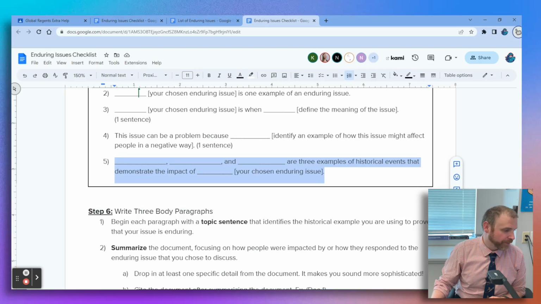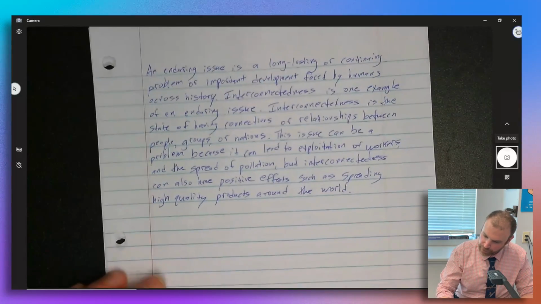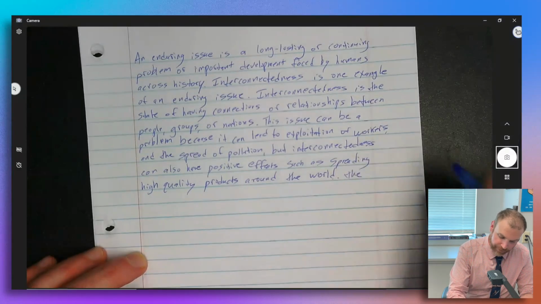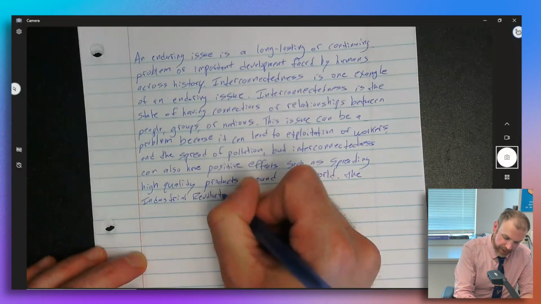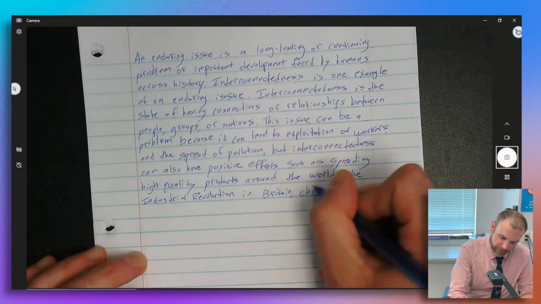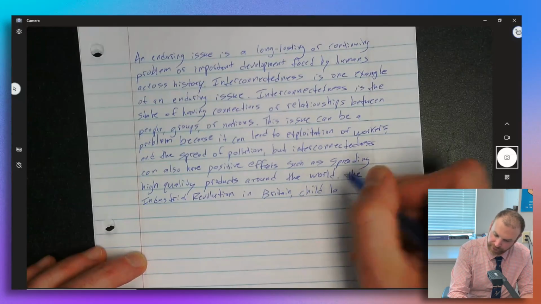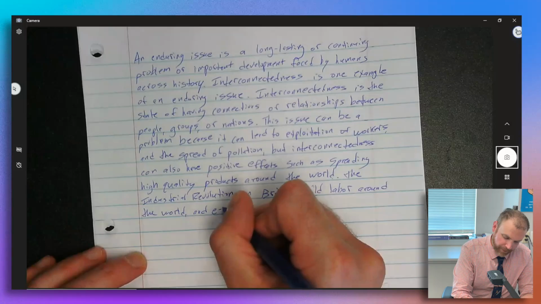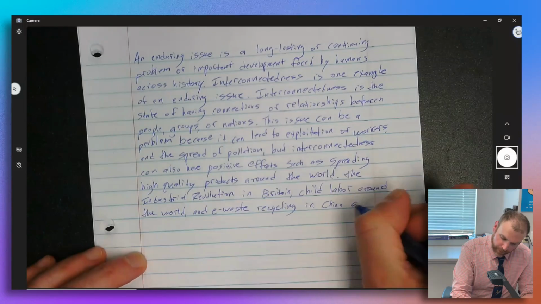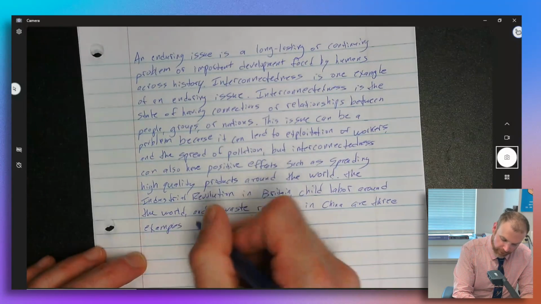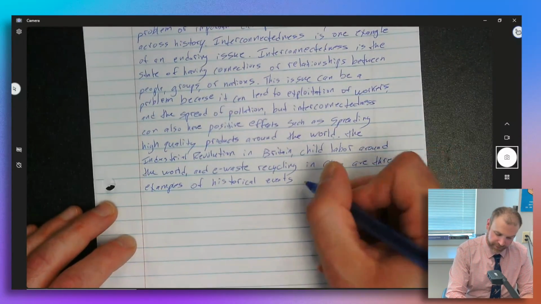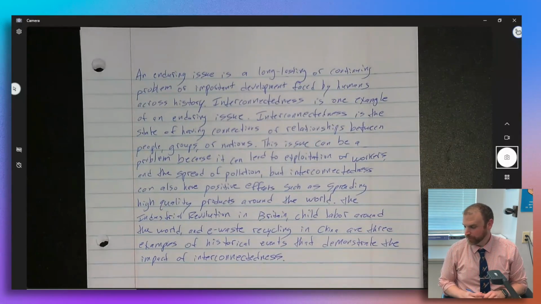All right, so I'm going to go back and I'm going to say my 3 event names from each of the 3 documents. The Industrial Revolution in Britain, which is what I called document number 1. Child labor around the world, which is what I called document 4. And e-waste recycling in China, which is what I called document 5, are 3 examples of historical events that demonstrate the impact of interconnectedness. Kind of a long intro, okay?